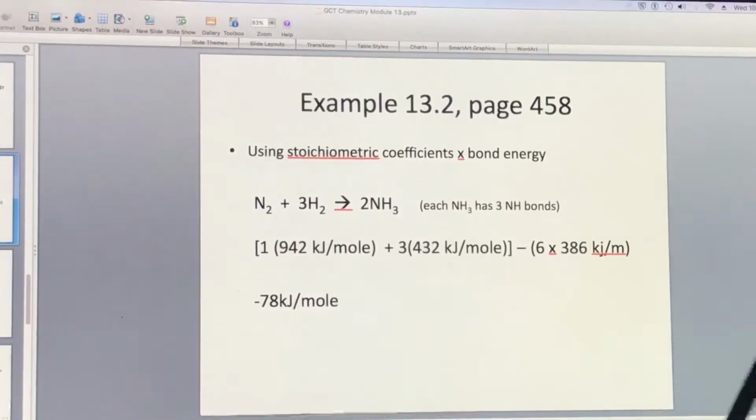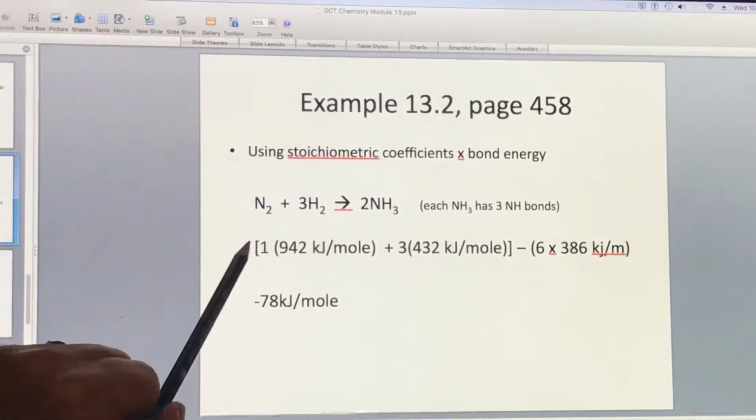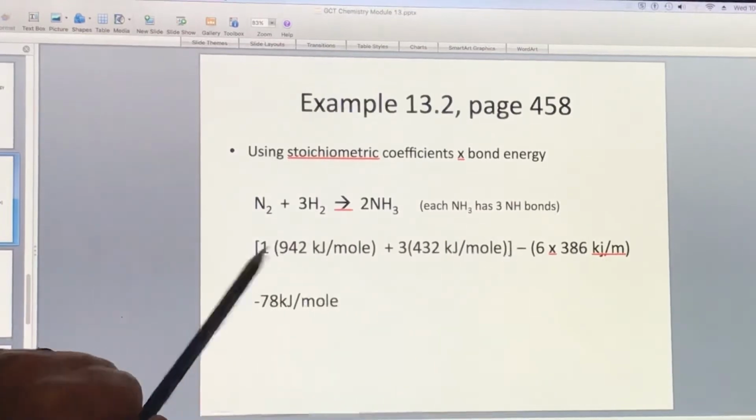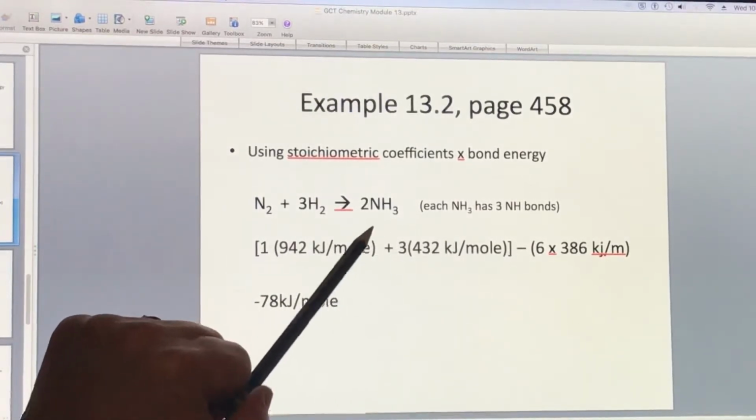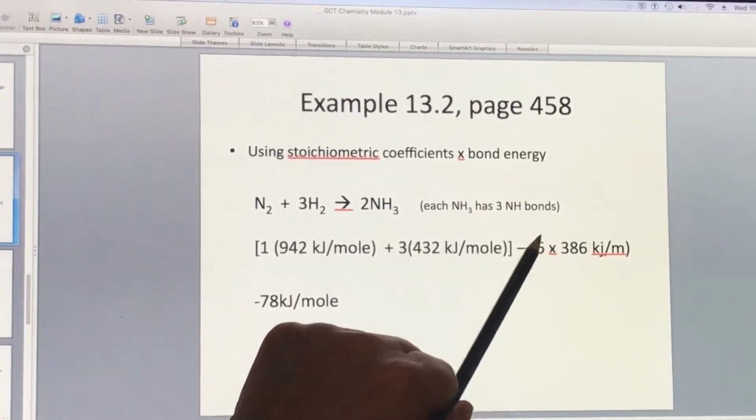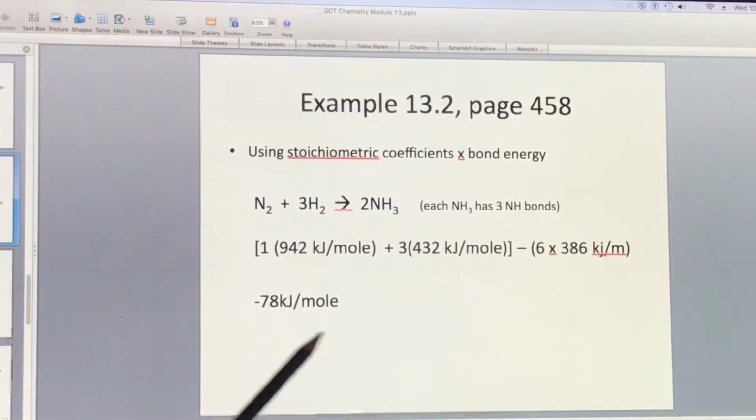So then we multiply that by the 386, and this would be one value that you've added together, subtracting this value here, and you'll get a negative 78 kilojoules per mole. So that is one example of how to tackle the delta H in that.